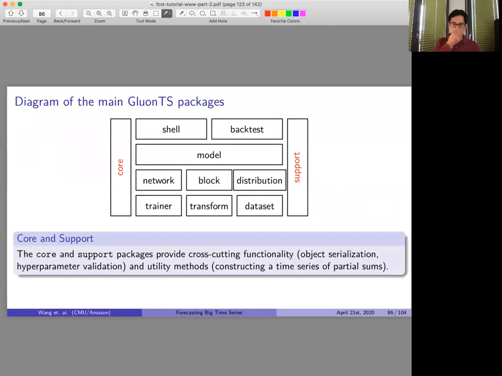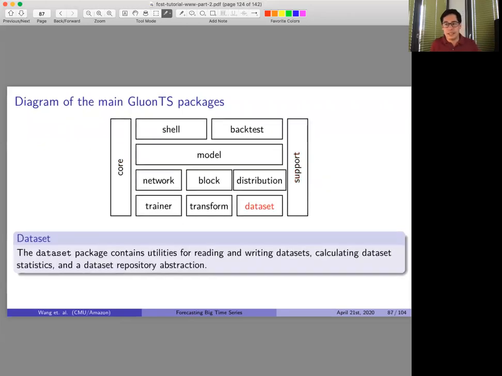Here are some components that we have in GluonTS. We have some components that take care of some heavy lifting, like object serialization and hyperparameter validation, that you will need to solve at some stage when you're going to spend more time on a machine learning problem. It also comes with a lot of time series utility methods.